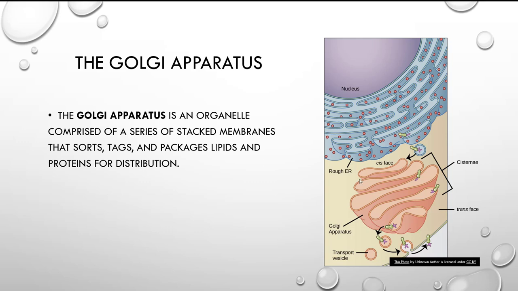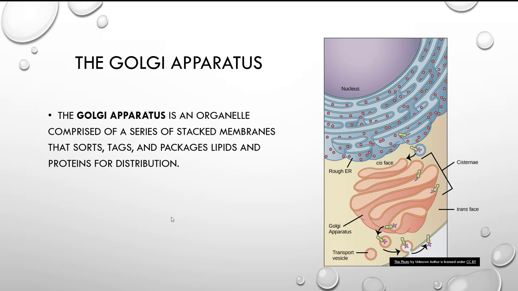Okay, so the Golgi apparatus, think of it like the shipping and packaging department, the endoplasmic reticulum is the factory floor, and the nucleus is like the boss telling everybody what to do. Okay, and then we have these little transport vesicles that move things around within the factory.